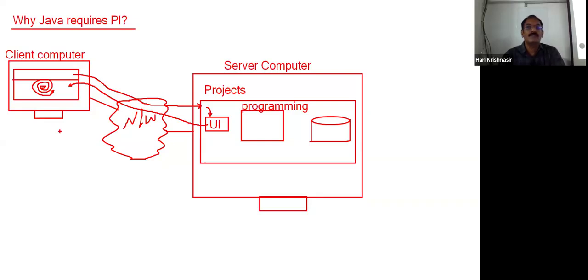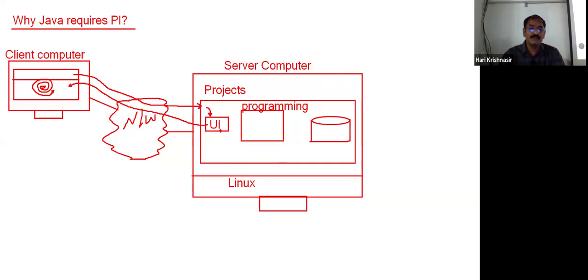Everyone understand? Scenario, requirement. The program is developed in the server computer, where the program should execute in the client computer. Server computer operating system is Linux. Generally, server computer operating system is Linux.